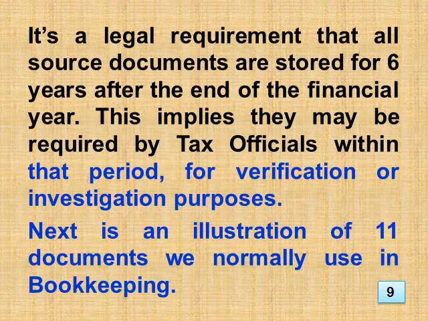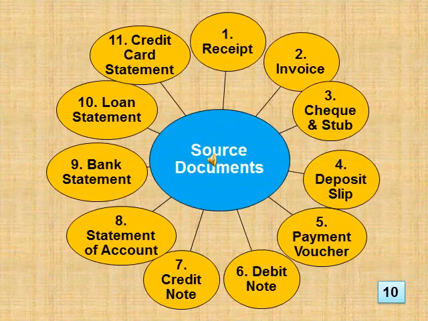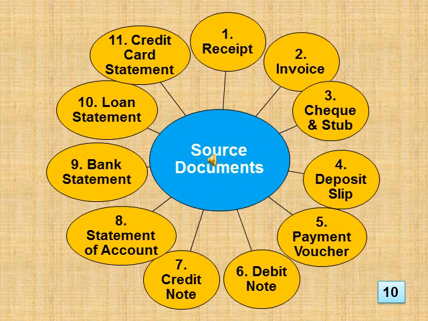Next is an illustration of 11 documents we normally use in bookkeeping. These are the source documents we normally use in bookkeeping. They are: 1. Receipt. 2. Invoice. 3. Check and stub. 4. Deposit slip. 5.